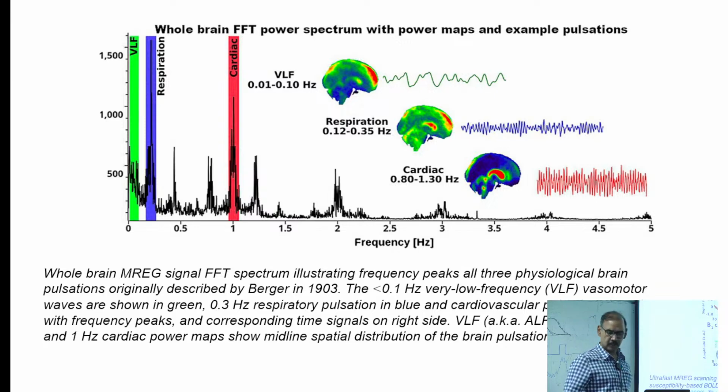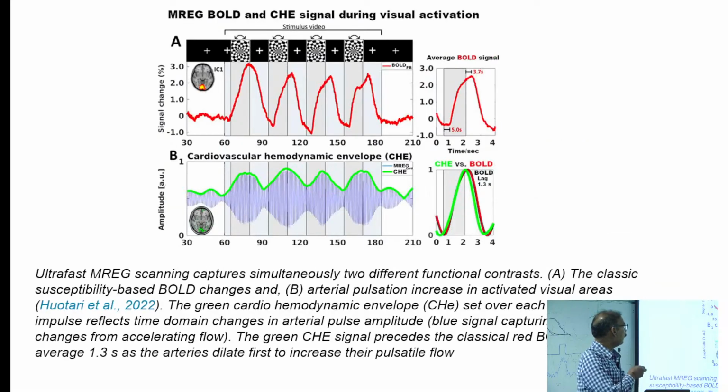Again, this is task activation. So now they're calling this MREG, and this is CHE, the cardiovascular hemodynamic envelope. What they are saying is that for some of the studies they did, this is how the average bold signal looks.